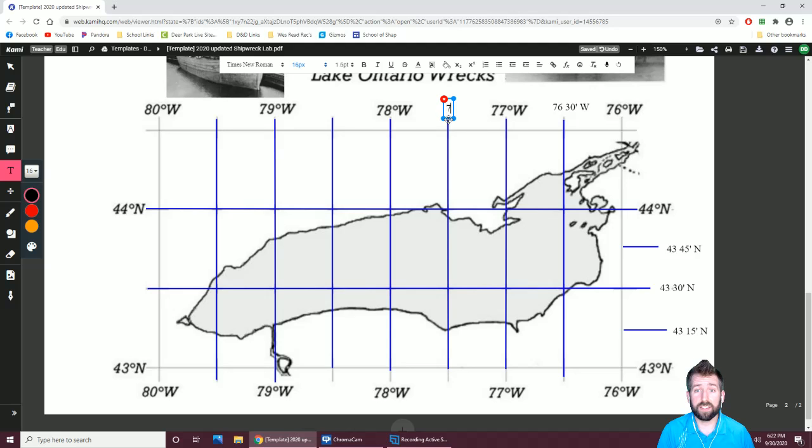So this is 77 degrees and 30 minutes west. Same thing over here. Here's 78, there's 79, so the halfway point is going to be 78 degrees and 30 minutes west. And then lastly, we've got 79 degrees and 30 minutes west.